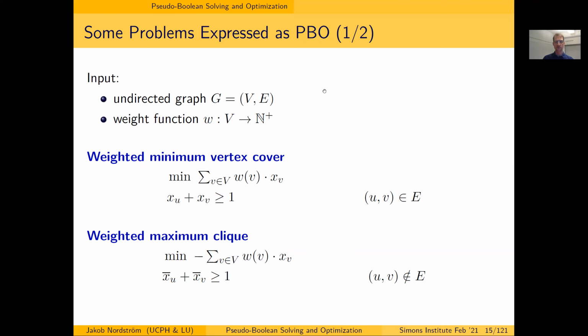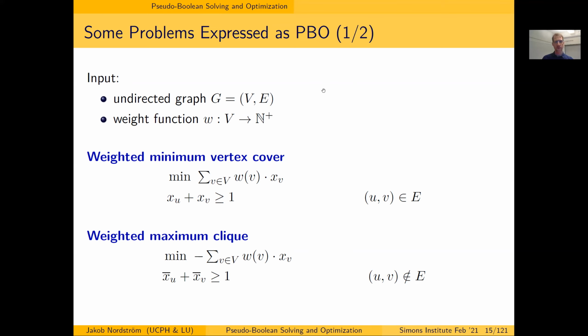So we have a variable for every vertex. These are the vertices we're choosing to be included in the cover, so a vertex is in the cover if x_v is 1. For every edge, we want one of the endpoints in the cover, but then we want to minimize the cost of the cover, summing up the weights of all these vertices.